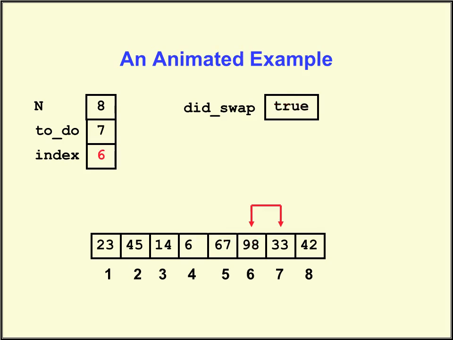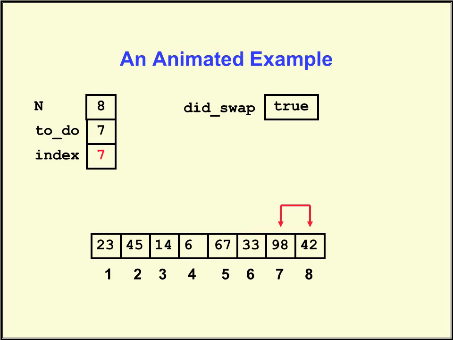After that we start the comparison from the sixth index value. The sixth index value is also 98, so we check whether 98 is greater than 33 or not. Again 98 is greater than 33, so swapping will occur, and the index values of 33 and 98 will be changed. After that we go to the seventh index value.